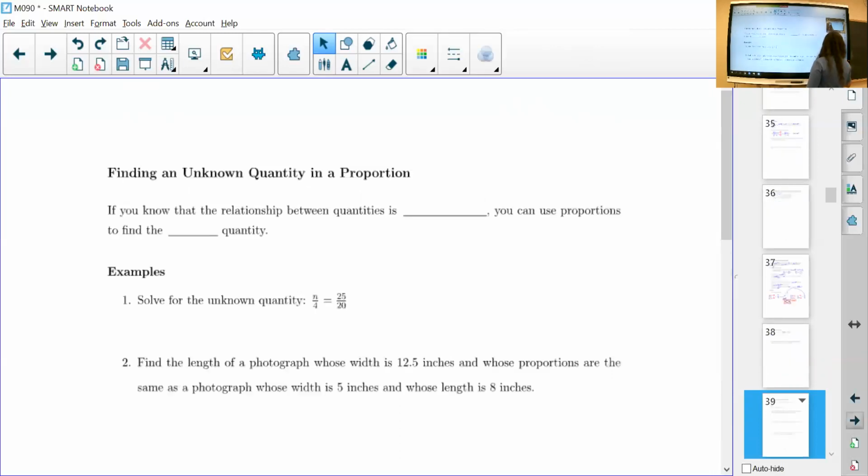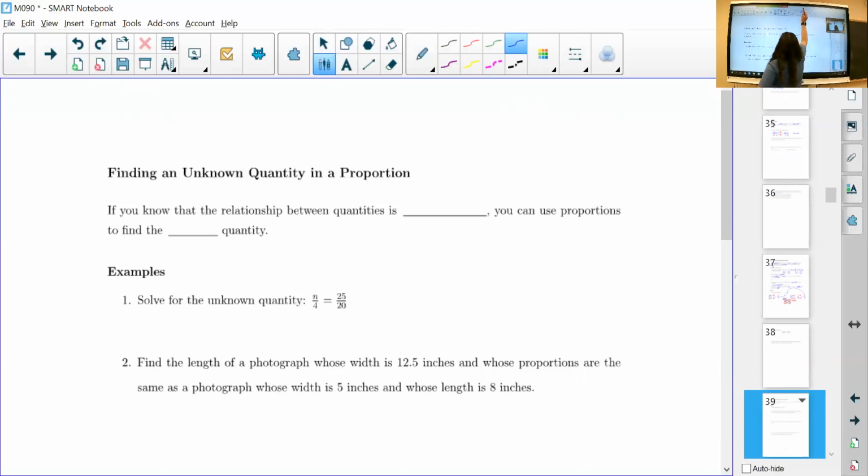Okay, page 39. Sometimes we want to find an unknown. So if we know that the relationship between quantities is proportional, we can use proportions to find the unknown quantity or the missing quantity. So n over 4 equals 25 over 20. We've kind of done this one already.